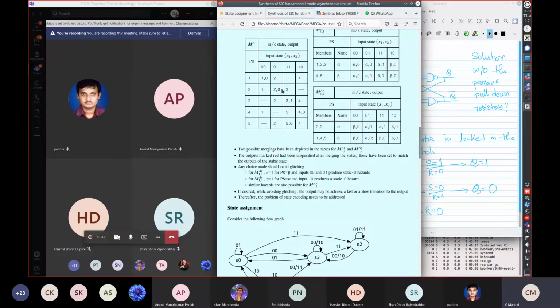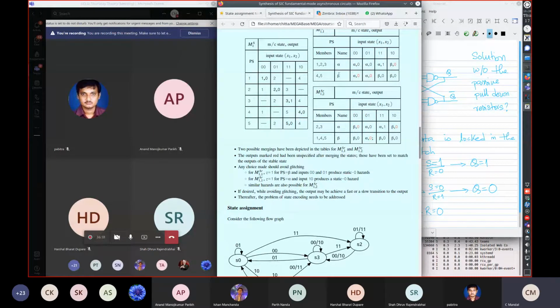The things in red are still don't care; you have the option to assign this either 0 or 1. When you make this assignment, it is always better to choose the stable output, because otherwise what can happen? The stable output is 0.